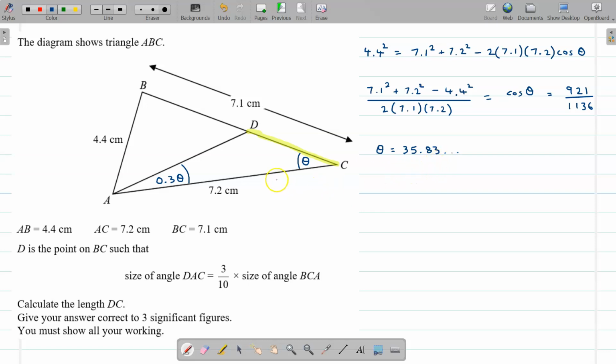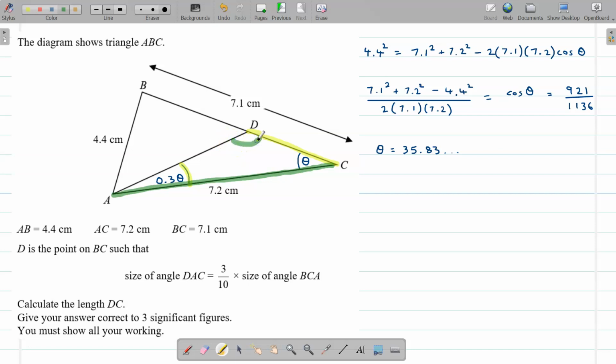Now I can use the sine rule. So if I show you how that would work, the length DC over the sine of this angle is going to be the same as the length AC, over the sine of this angle.